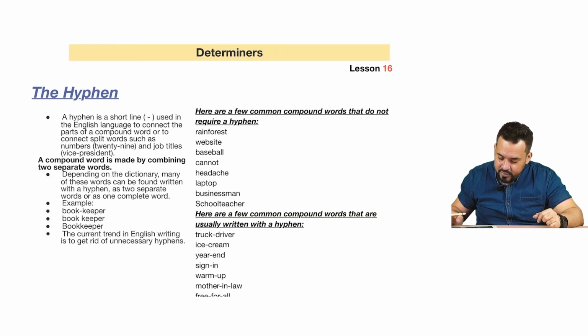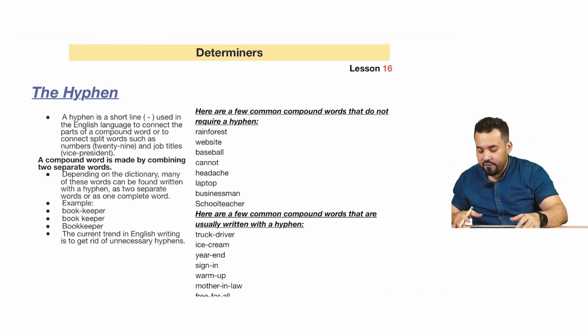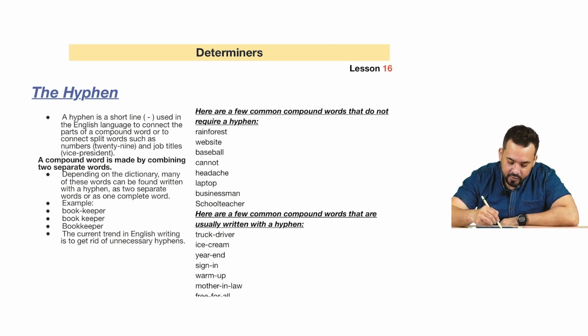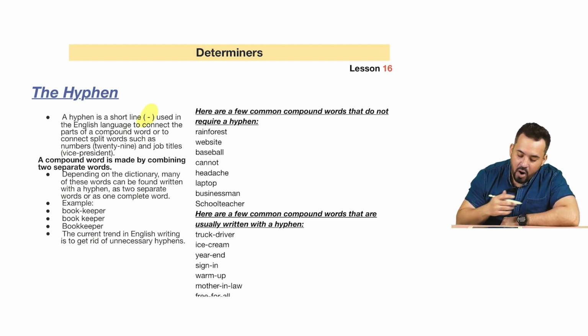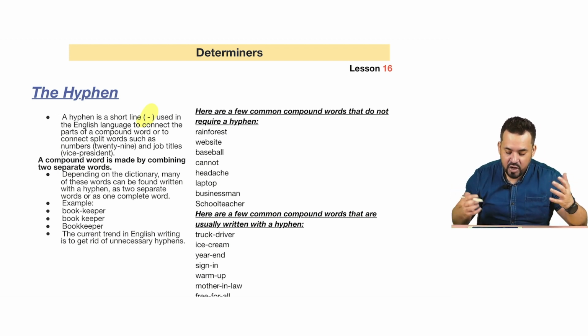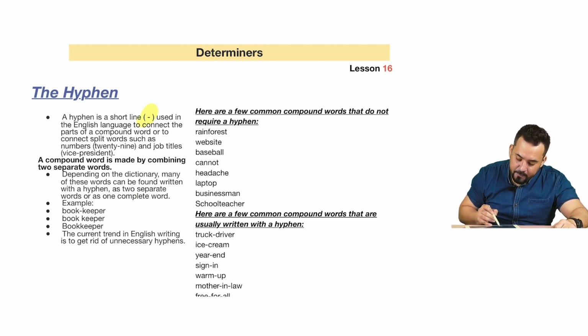Let's take a look at the hyphen. Now, the hyphen is very important, okay? It has different uses. First one, a hyphen is a short line, used in English language to connect parts of a compound word or connect split words. All right, so let's see their most common uses. So first one is, a compound word is made by combining two separate words.